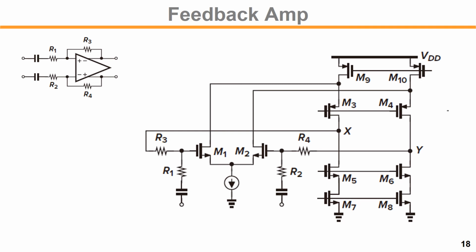Folded cascode amplifier is used, for example, in this circuit topology, again different from the telescopic. We had the large output signal swing range, and also we have large input common mode range.